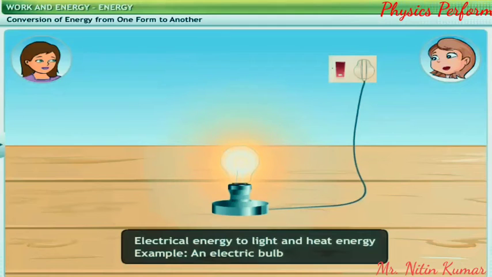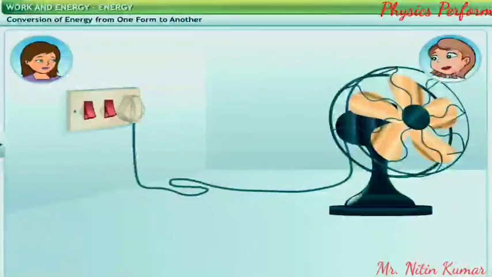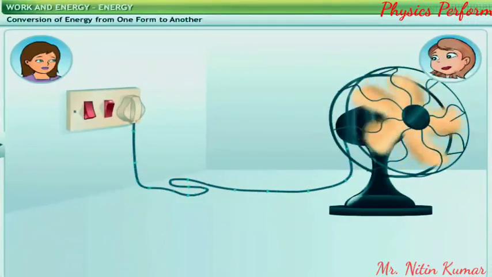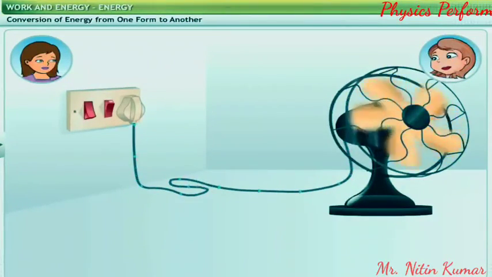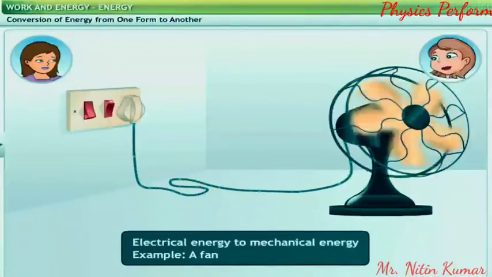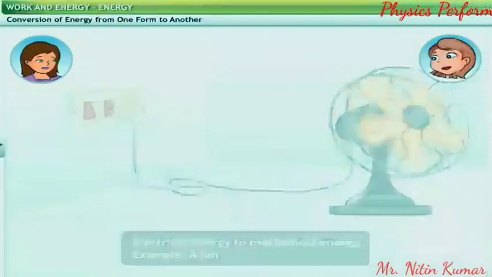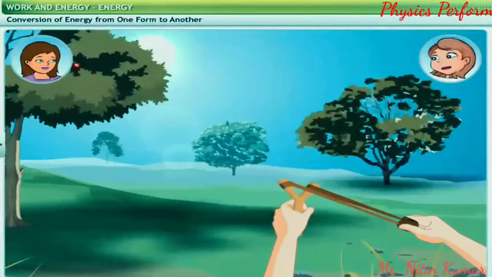An electric bulb is another example where electrical energy is converted into light energy, as well as heat energy. What about a fan? In a fan, electrical energy is converted into mechanical energy.